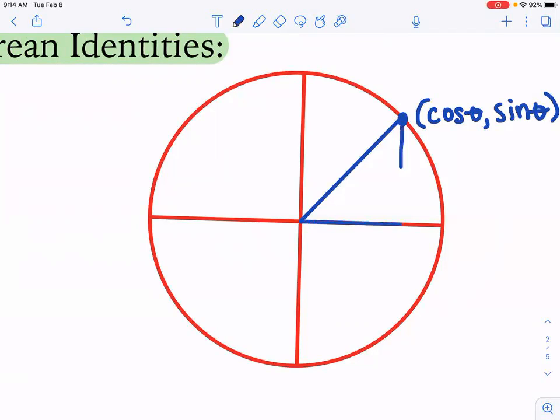What do we know about the radius? 1. Since our x coordinate is cosine theta, then this distance right here is cosine theta, because that's x. And then we travel up the sine of theta.